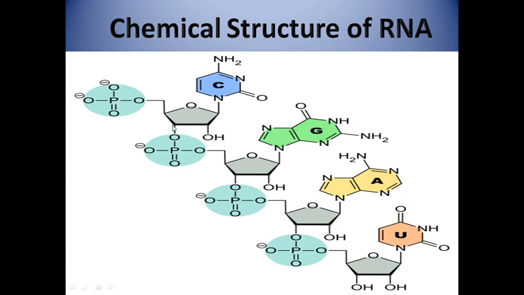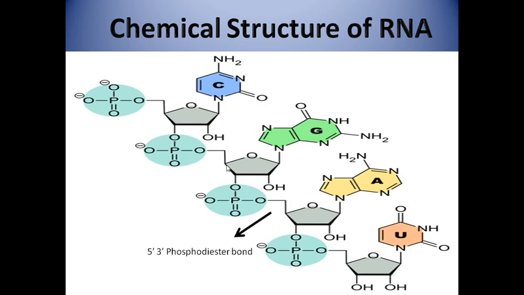See here, we have the 3' end of this sugar. The 3' end of this sugar will form a bond with the 5' phosphate of another, and that will be a 5' 3' phosphodiester bond. It is 3' of this and 5' of this. So a 5' 3' phosphodiester bond.